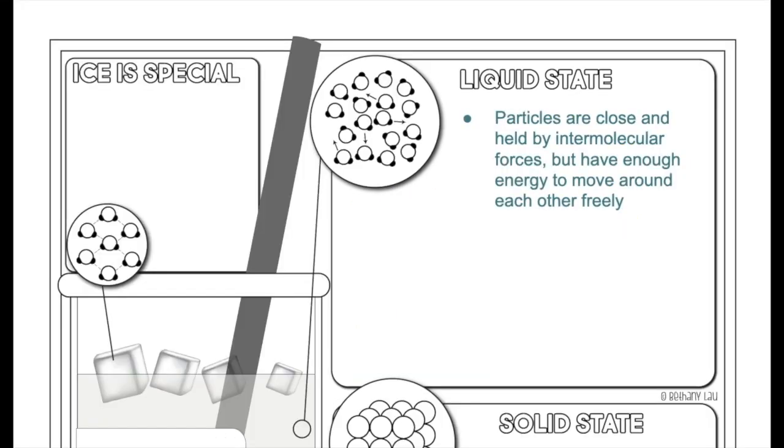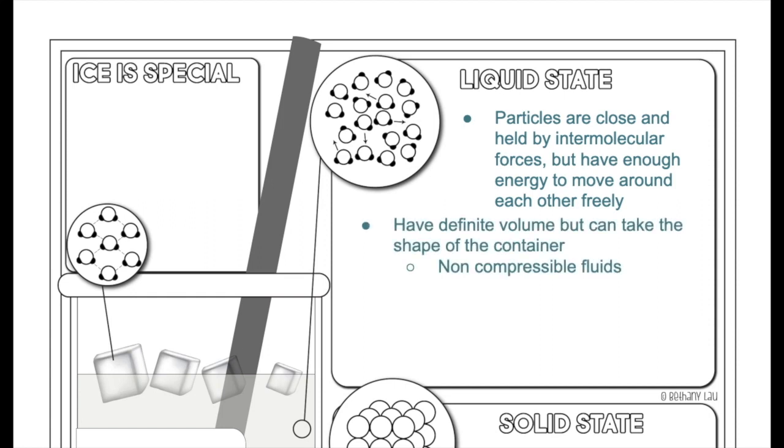For the liquid state, particles are close and held by intermolecular forces, but have enough energy to move around freely amongst each other. Okay, so they're going to slip past each other. They can't completely break apart from each other, but they can slide past each other. They have a definite volume, but as far as shape, it doesn't have a definite shape.